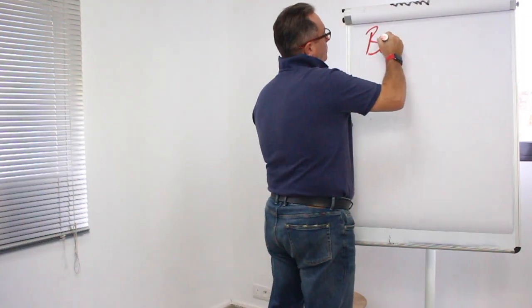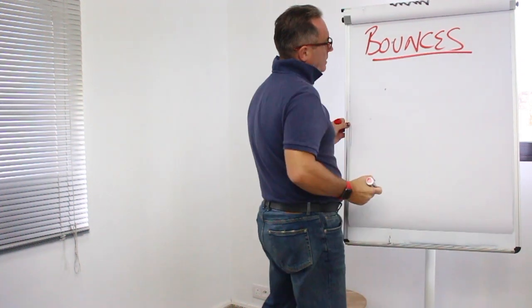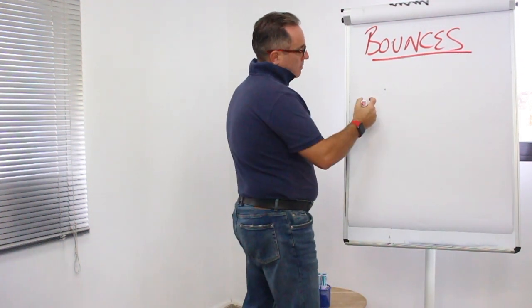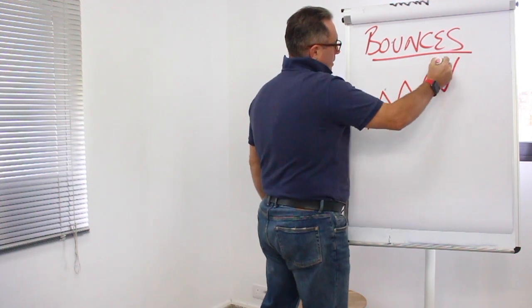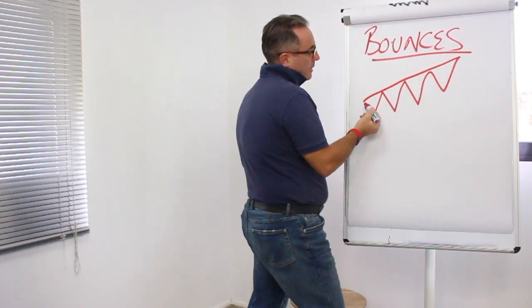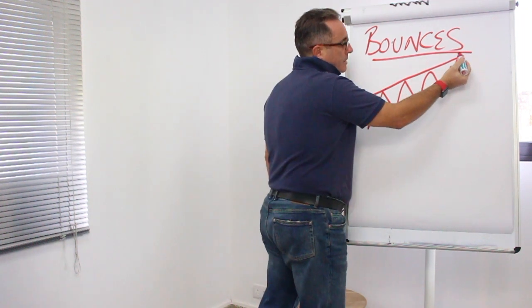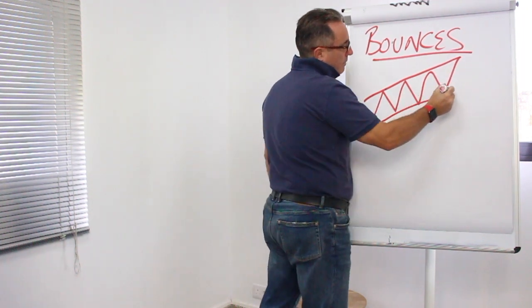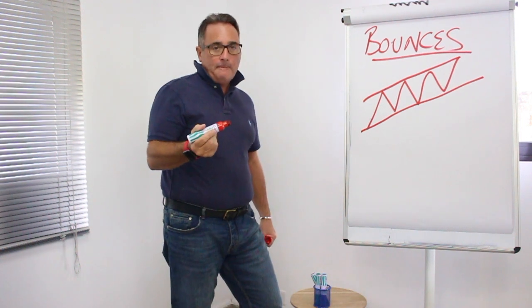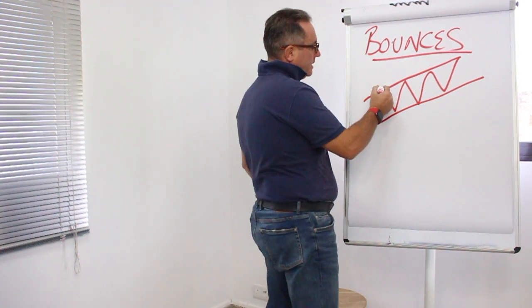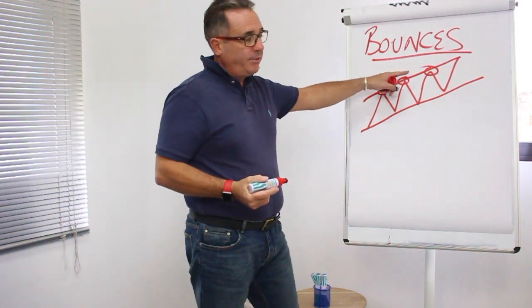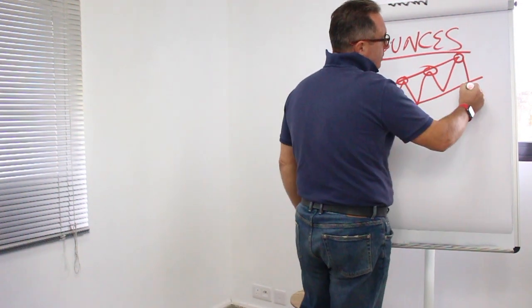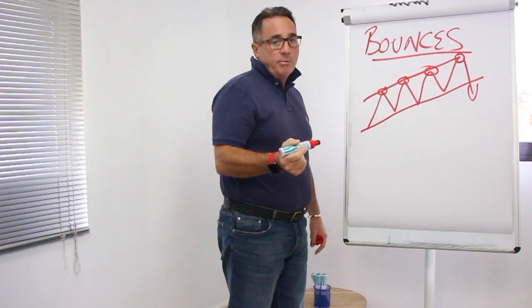The fourth thing I want to talk about is big bounces, because more often than not a stock will trade like this, or a currency pair, okay? And it's bouncing off this resistance. Equally, it's bouncing off this support. And very often, if I see 1, 2, 3 bounces of resistance, we'll trade the fourth south and make a profit on it.